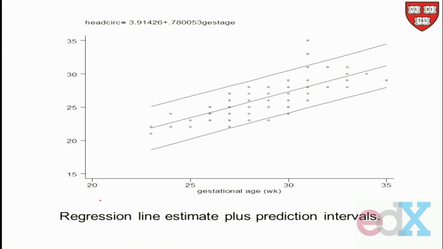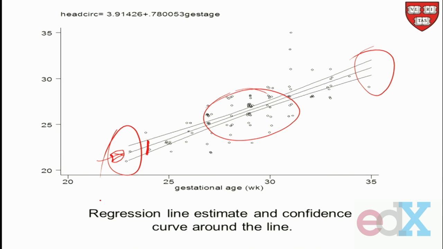Now, that's not the same as asking where the observations will lie. This one tells us where the mean of that curve will lie. So if we're looking at the mean of all babies who are 25 weeks gestational age, where does the mean head circumference lie?